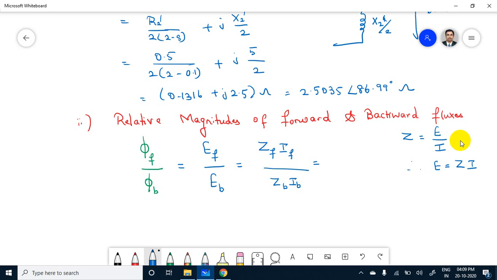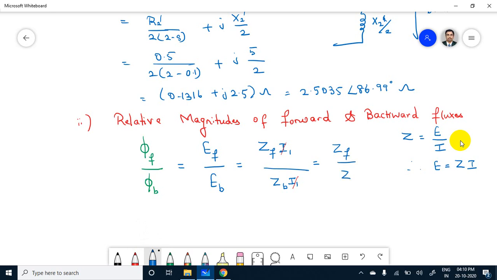In both cases this current is the same because we are giving the same stator current only. So it is I1 into Zf over Zb into I1, so this I1 will be cancelled.